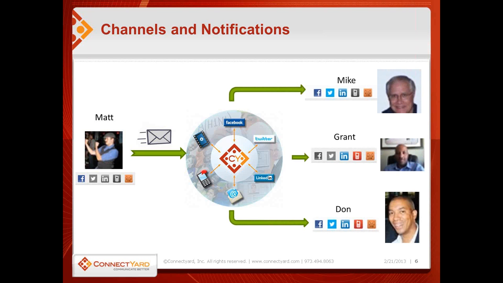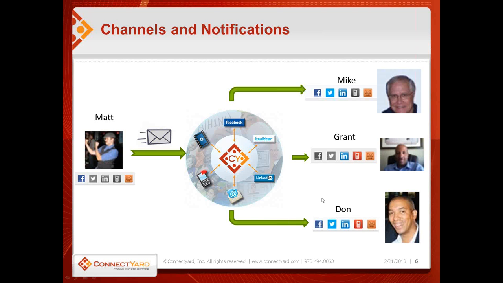So right here we can see that we have Mike, Grant, and Don, and they all have different channels set up for their yards. So right here we can see that Mike's actually going to get it on all of his channels except for text, while Grant's going to get it in LinkedIn, text, and email, and Don, he just went for the full boat, and he said, give me everything.